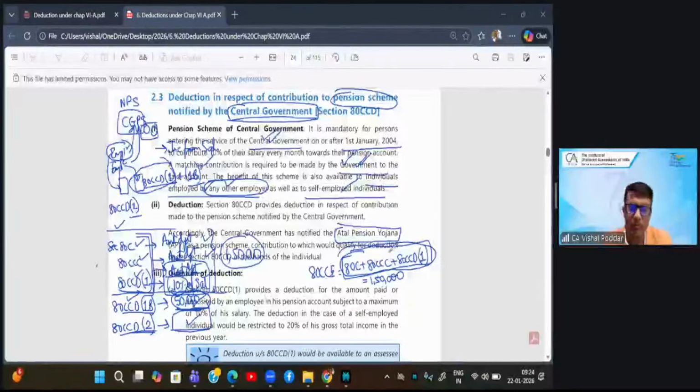Okay. So students, kindly make a note of this part of deduction, how this deduction applies. I'm clearing my screen. Anybody who wants can take a screenshot of this because I'll be clearing my screen. Done?